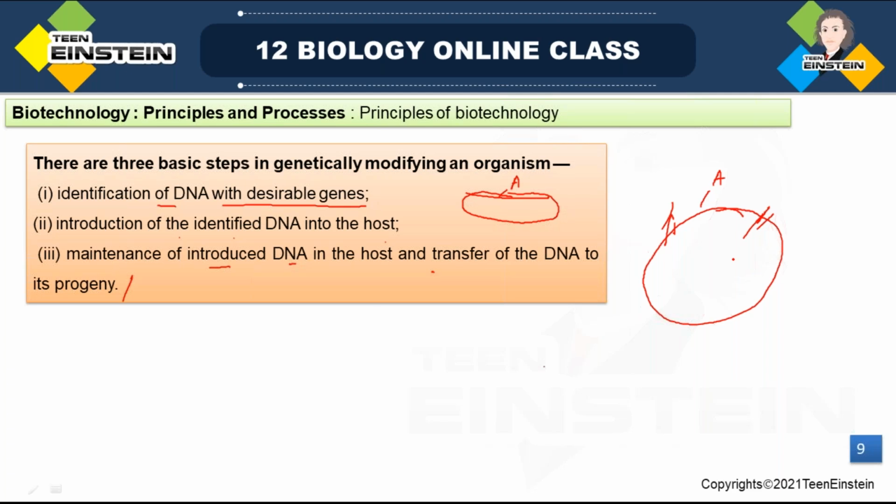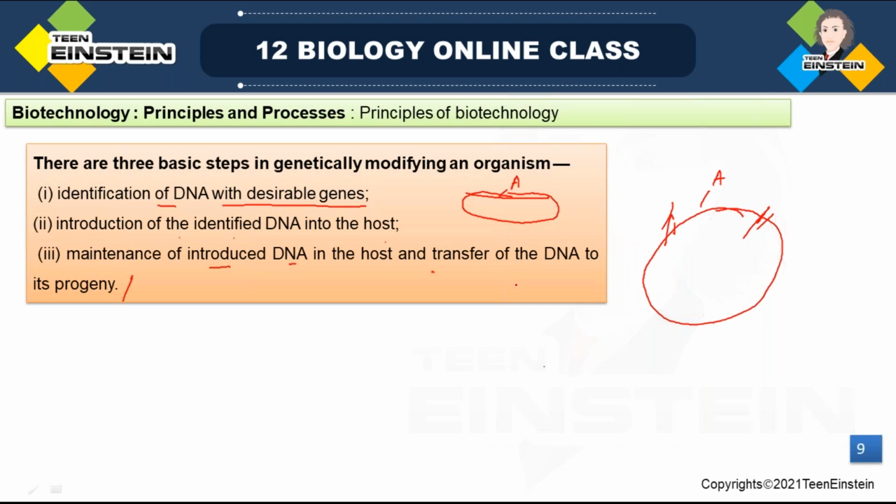When we are integrating or joining this with the host DNA, that host DNA will be having the origin of replication. So with that origin of replication, it will start multiplying and get transferred into the next progeny also.